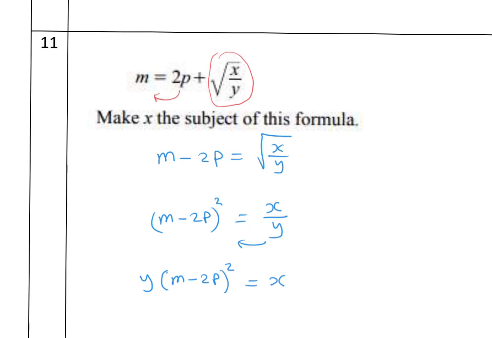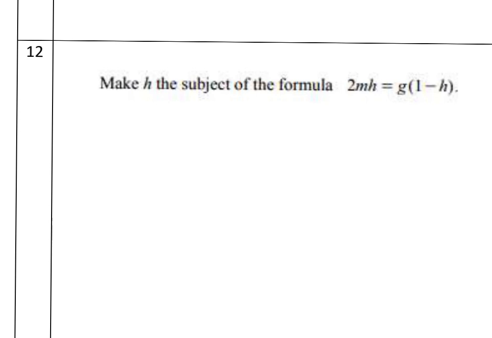So this is number 11. Number 12, make h the subject. 2mh equals g into 1 minus h. So we expand the bracket. So 2mh equals g into 1 is g, minus gh. Then we move gh to the other side by positive.